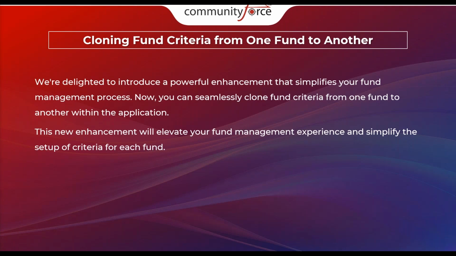So you've created a new fund. And that fund that you created has very similar, almost the exact criteria as another fund. Well, you can now take that first fund that you had already built, and you can clone the criteria from that fund down to the new fund that you just created. So to do that, we're going to go to the site.